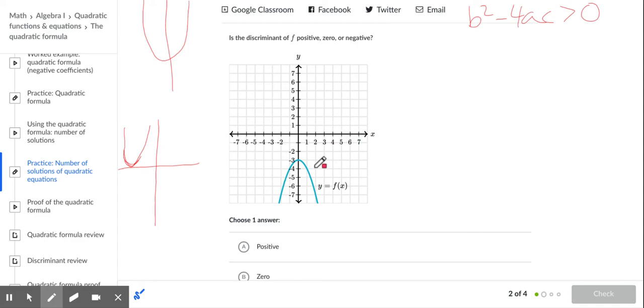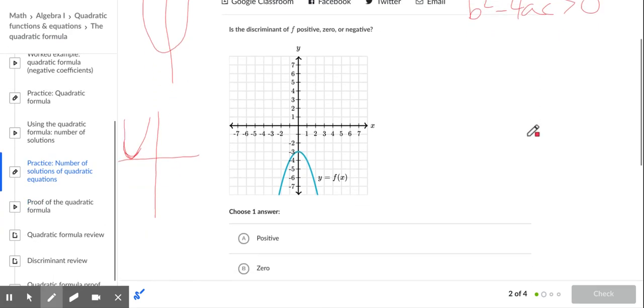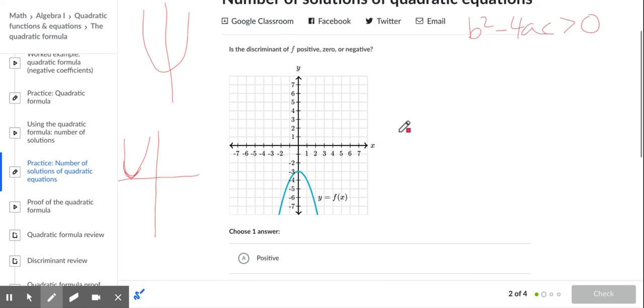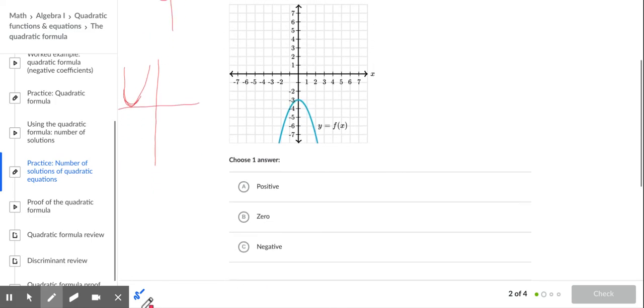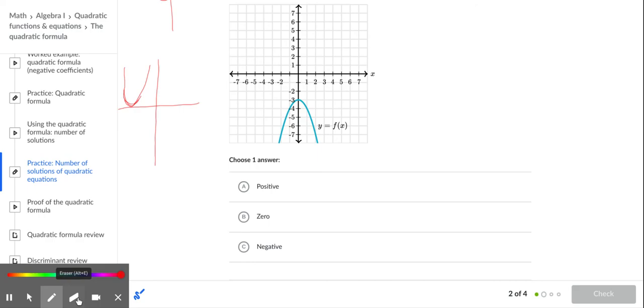All right, so this is that second situation where we never cross the x-axis. That was when the discriminant b squared minus 4ac is negative. So if there are 0 times that the graph crosses the x-axis, then the discriminant is negative because you can't take the square root of a negative number.